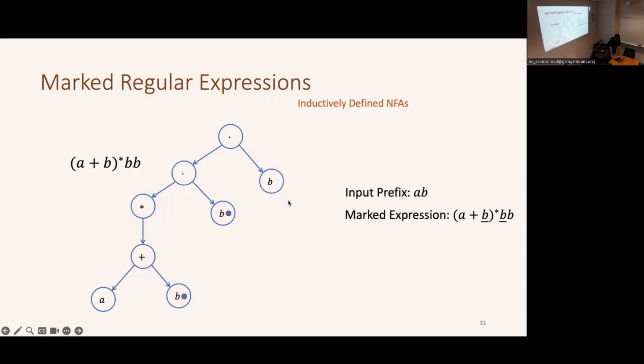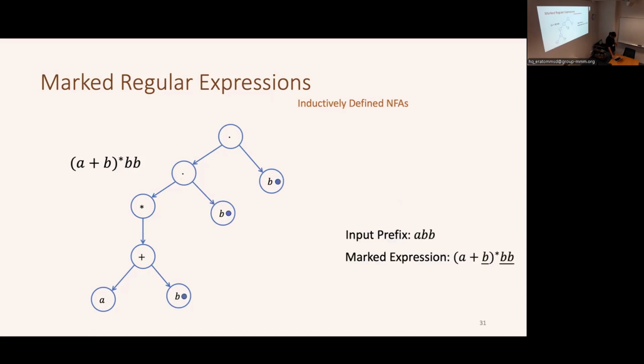Now let's say that I have the input AB. Now I am putting a mark here and here. If I drew an NFA, these would be the possible places where I could have had tokens. I have these two tokens, and this is represented in the marked expression by putting these marks on this B and that B.